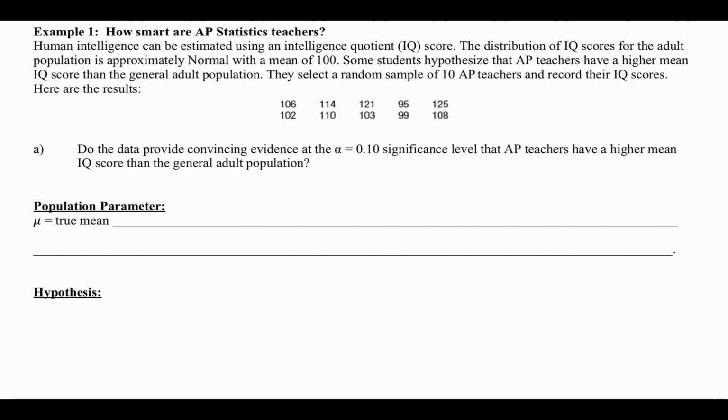So if you were to test every adult in the world, give them an IQ test, graph it, it would be normal. The average would be 100. If you're an average intelligence, you got 100. If you're bigger than 100, you're above average intelligence. If you're less than 100, you're below average intelligence. Okay.